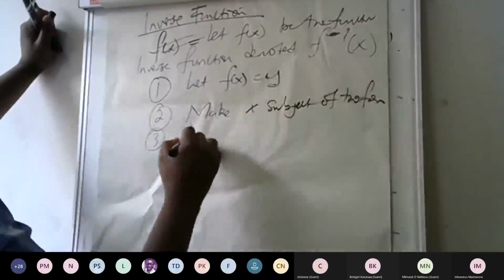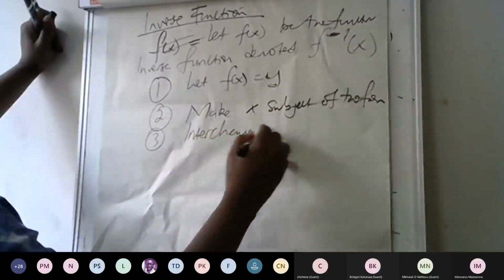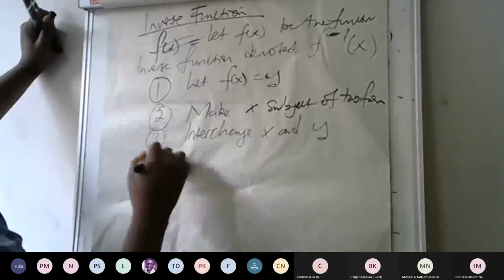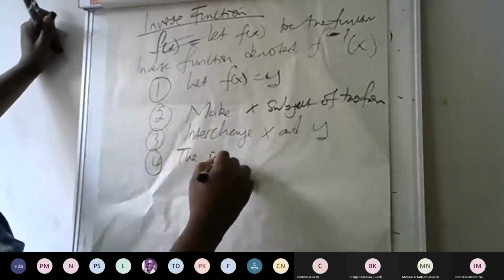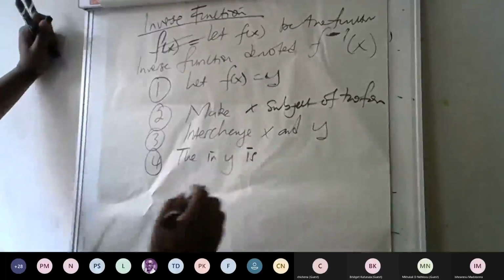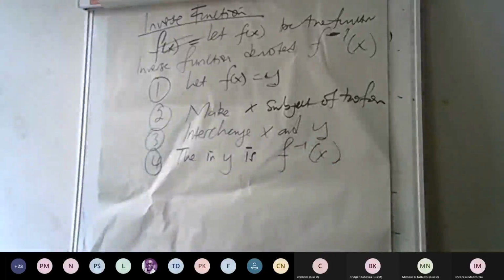Number three, you interchange x and y. Then number four, the expression in y is your inverse of x. So you need those things in place to be able to calculate the inverse function.